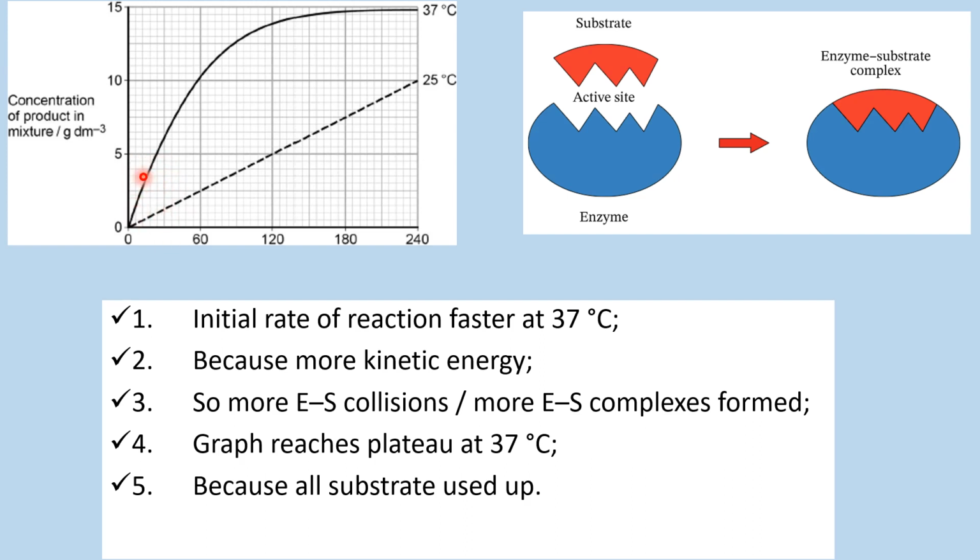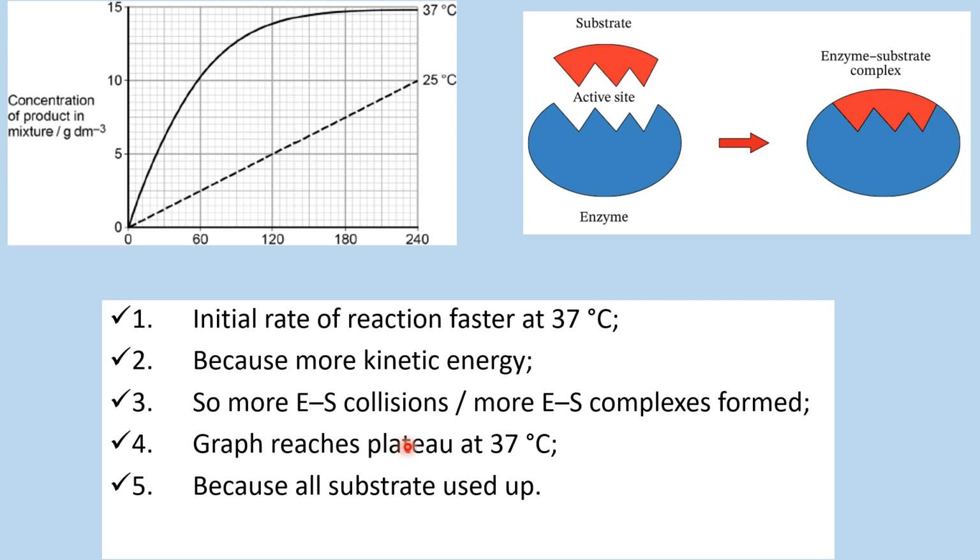Now you explain why this is faster: because there is more kinetic energy. Then you have to explain what that means. So there are more collisions between the enzyme and the substrate, forming more enzyme-substrate complexes. Then you describe the second part of the graph, where the 25 Celsius does not really plateau and 37 does plateau towards the end.